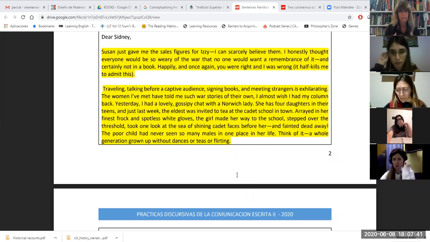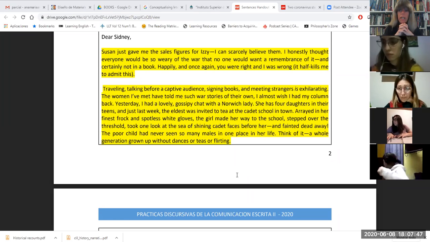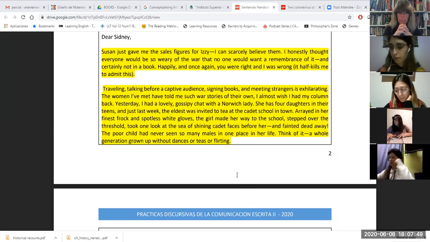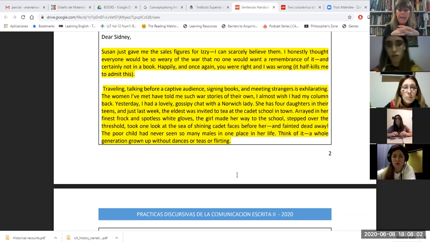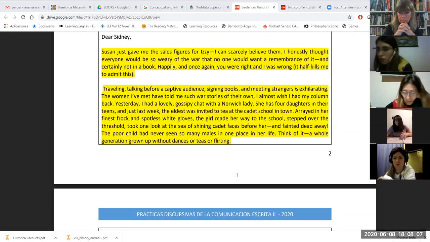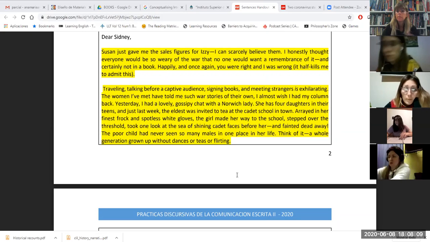In this case, there are more complete thoughts. So what kind of sentence is this? A compound sentence. Yes, exactly. Why is it compound? Because it has two independent clauses.